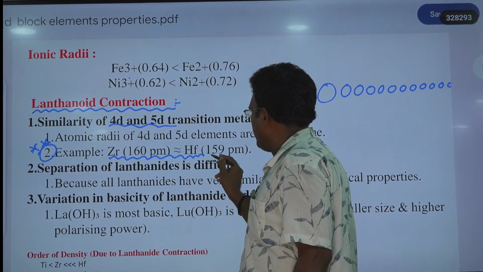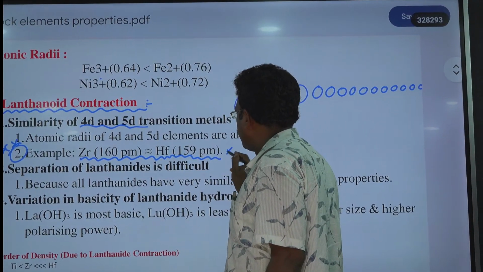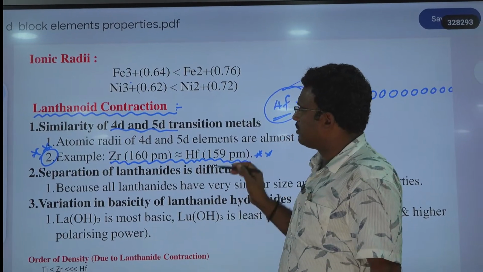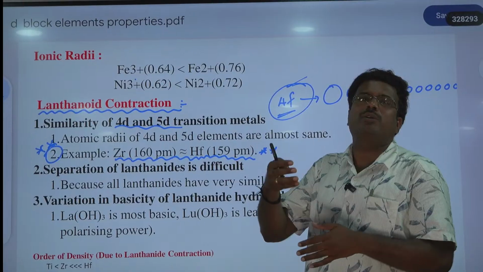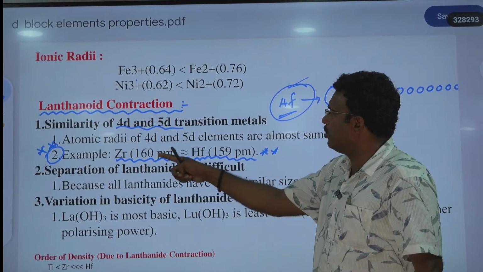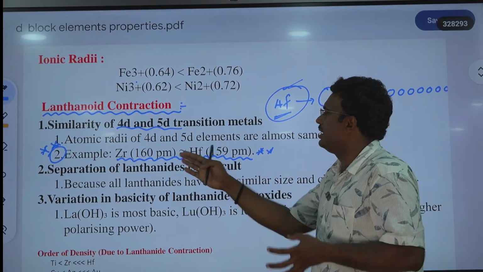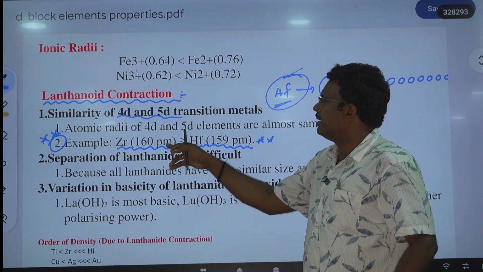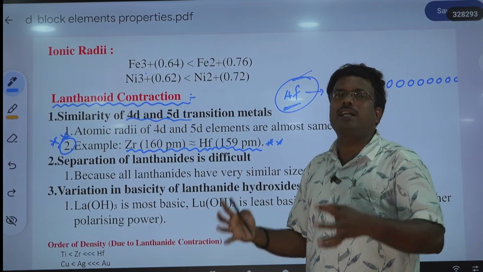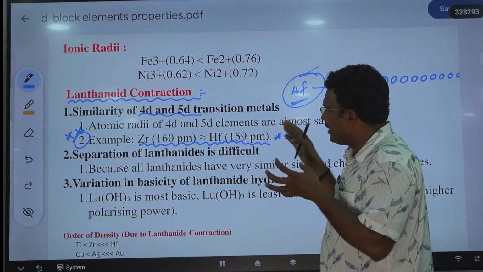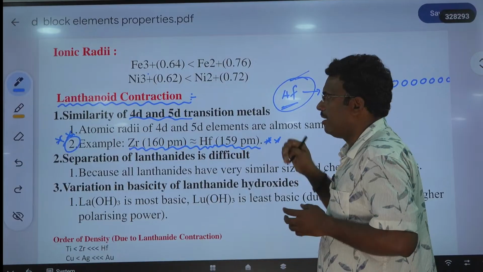This question is repeated many times in IIT and NEET. Remember, 160 picometers and 159 picometers, both almost identical.